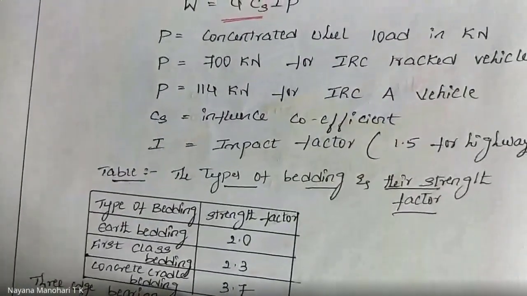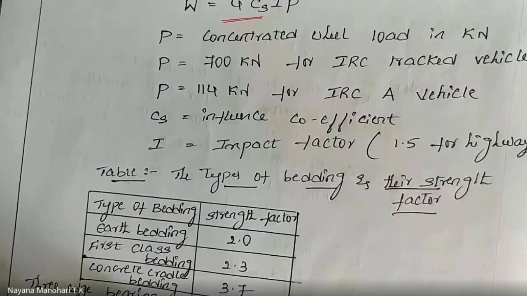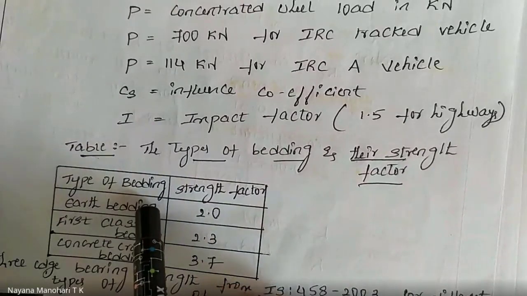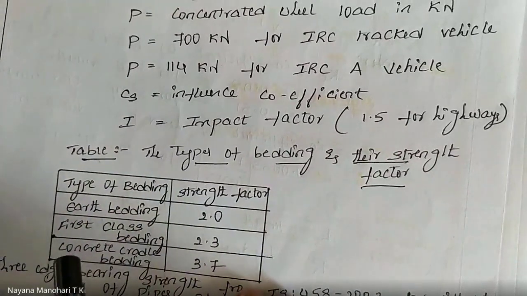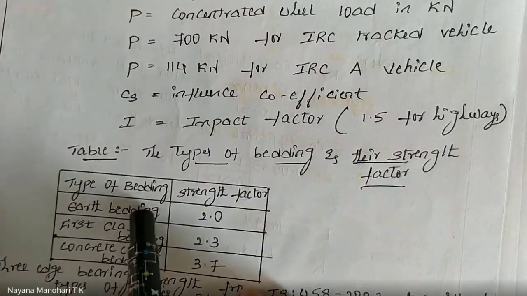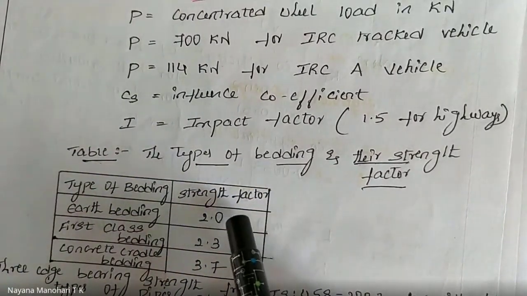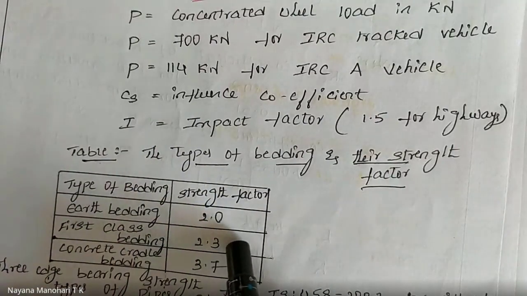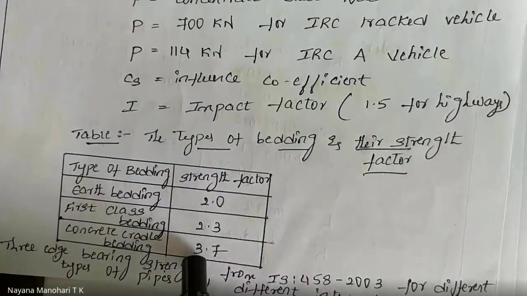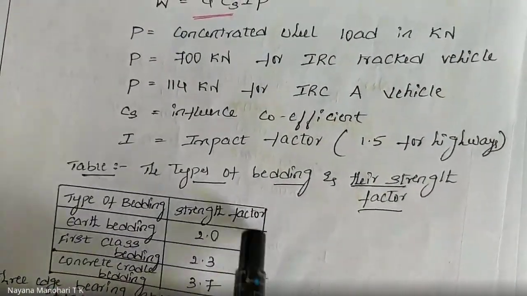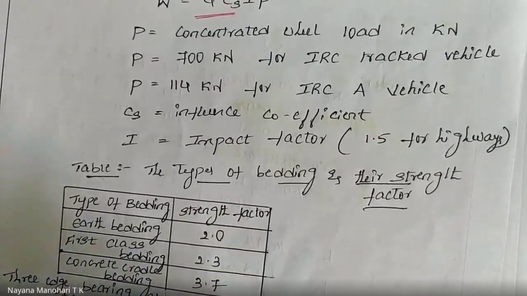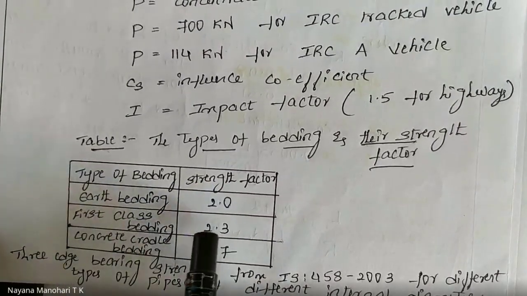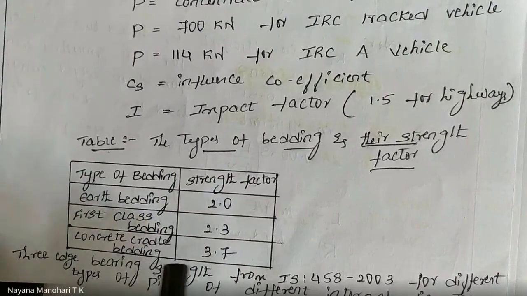For different types of bedding, the strength factor is specified. Three types of bedding come across in a pipe culvert: earth bedding, first class bedding, or concrete cradle bedding. If it is earth bedding, the strength factor is 2.0. If it is first class bedding, it is 2.3. And if it is concrete cradle bedding, it is 3.7. You need to remember these values.